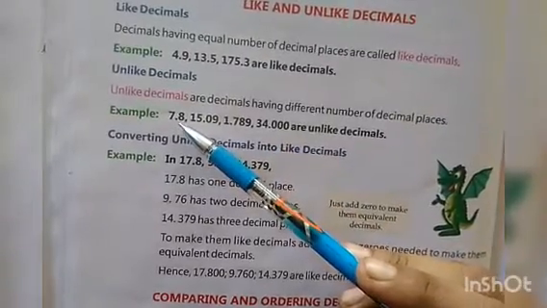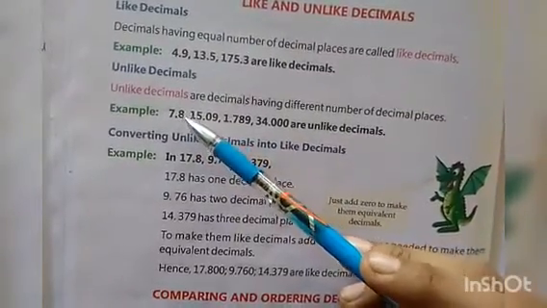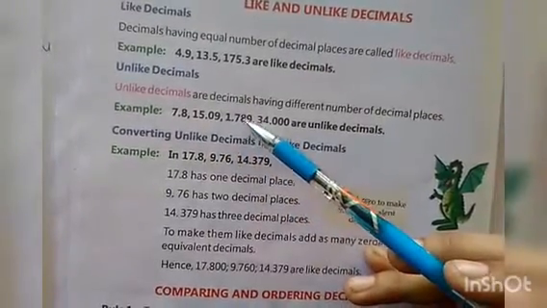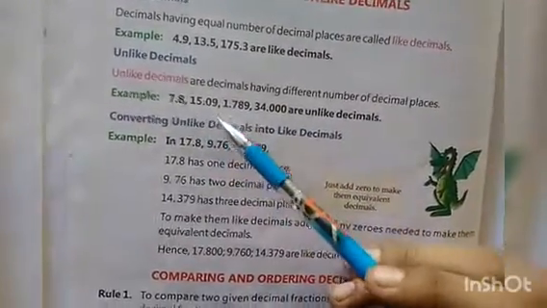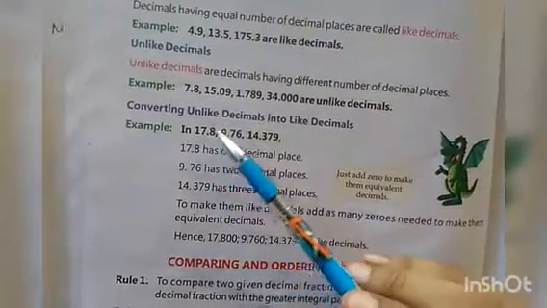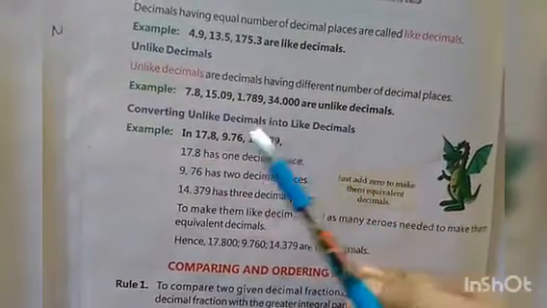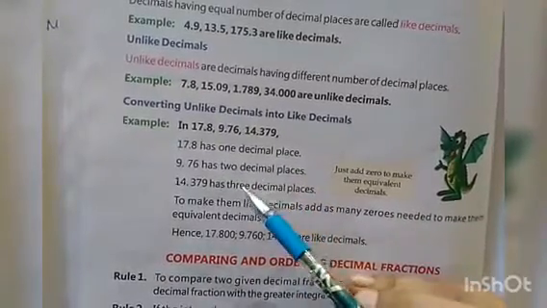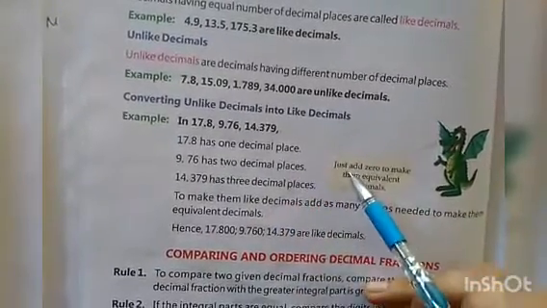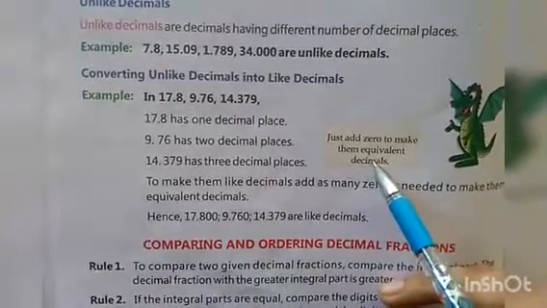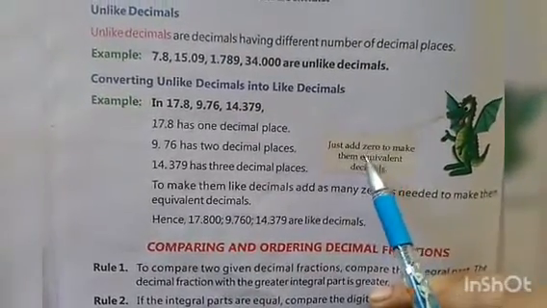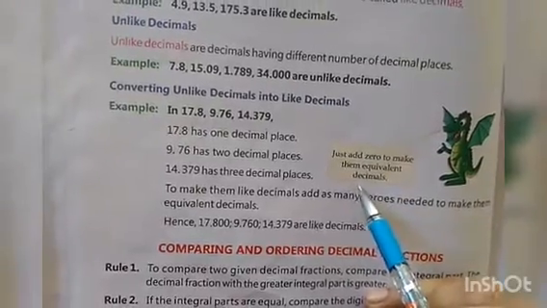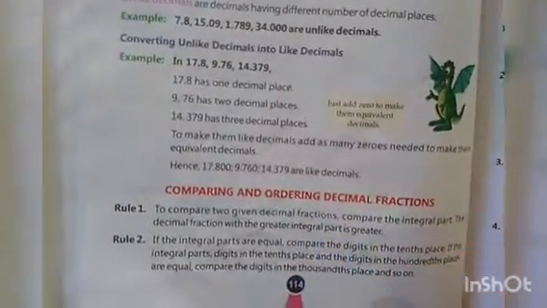After the decimal point there is 1 place, here 2 places, here 3 places of digits. So these are unlike decimals. To convert unlike decimals into like decimals, with 1 decimal place, 2 decimal places and 3 decimal places, just add 0 to make them equivalent decimals, as with like fractions. You just have to add 0 for making them equivalent decimals.